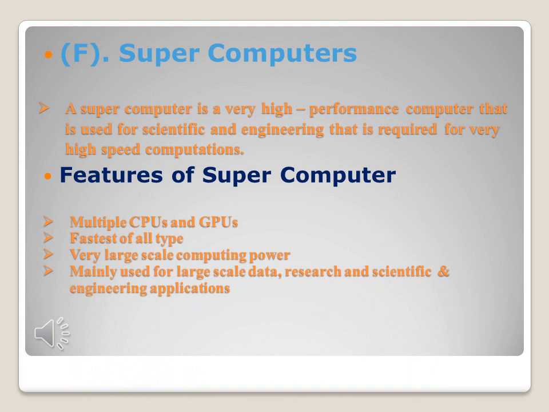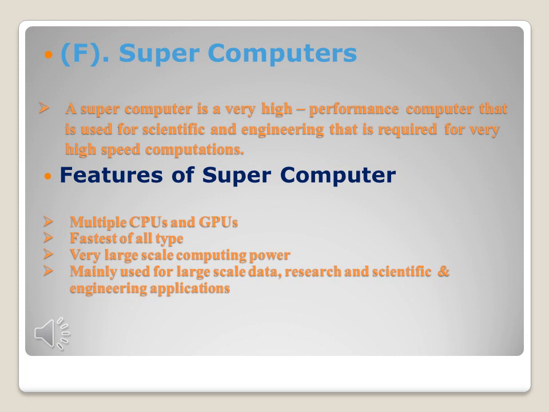Next one is the supercomputers. A supercomputer is a very high performance computer that is used for scientific and engineering purposes, which is required for very high speed computations. The features of supercomputers are multiple CPUs and GPUs, that means more than one central processing unit, and graphic processing units are available to perform on a large number of data.